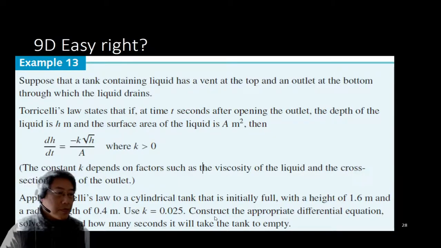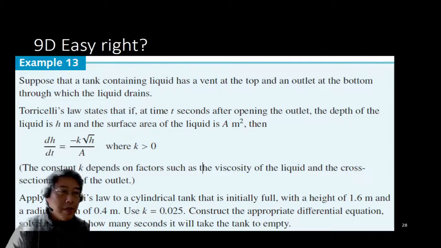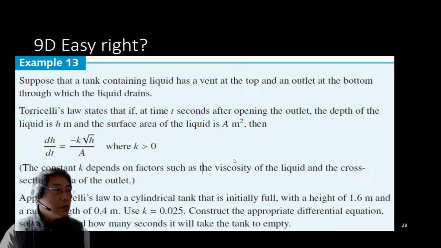Okay, it gives you the value of k. You will need to know some formula for areas. Okay, so here I assume it's going to be circular. Yeah, it's a cylindrical tank, and A is the surface area, so it's going to be in the form of pi r squared.